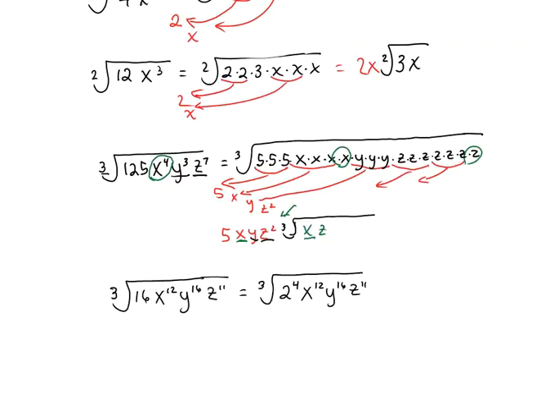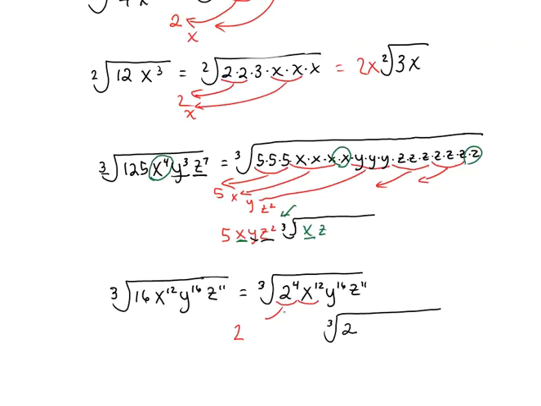Okay, so think in terms of triplets. So we have 4 2's, and we're doing a third root, so for every 3, would you agree that we could bring out 1, 2, and then I'm going to put down my radical sign over here so I can keep track of what would be left. I'd still have a 2 on the inside. For the x's, we have 12 of them.